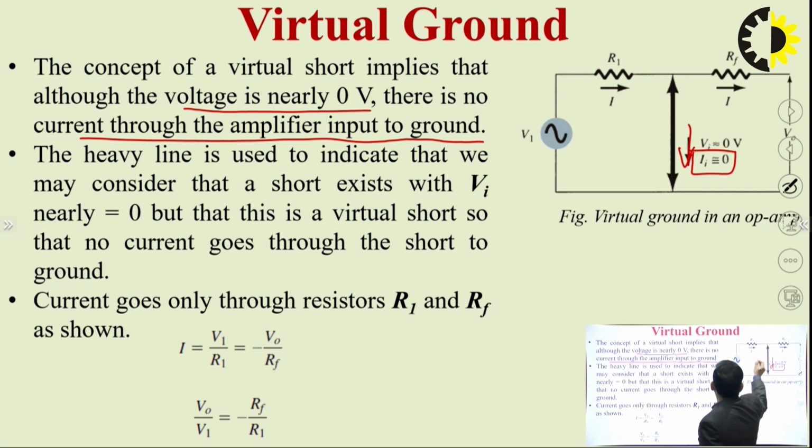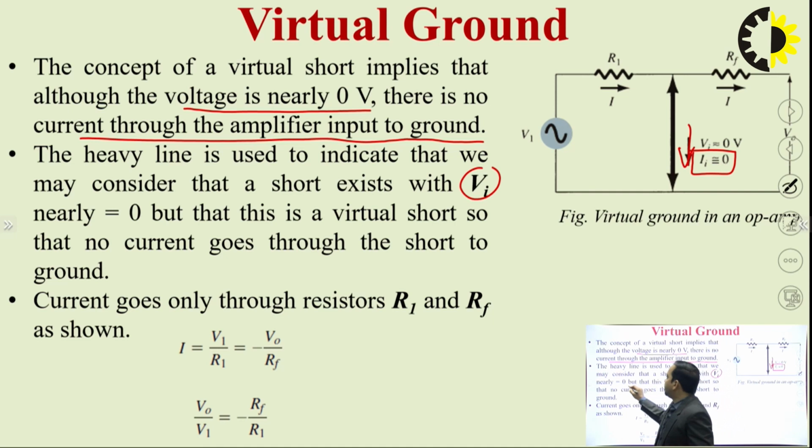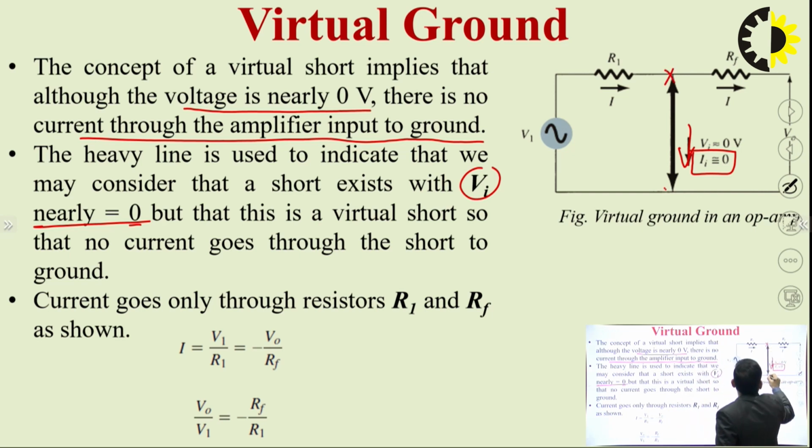So we have this solid line. It is used to indicate that we may consider that a short circuit exists and Vi is nearly equal to 0. Means these two nodes are at the same potential, and if they are at the same potential, there will be no current flowing in these nodes.